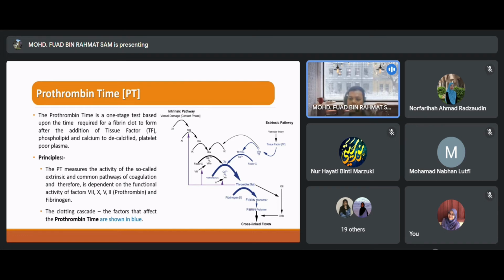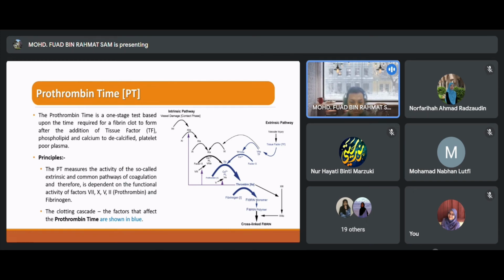So the prothrombin time is a one-stage test based upon the time required for a fibrin clot to form after the addition of tissue factor, phospholipid, calcium to decalcified platelet poor plasma.